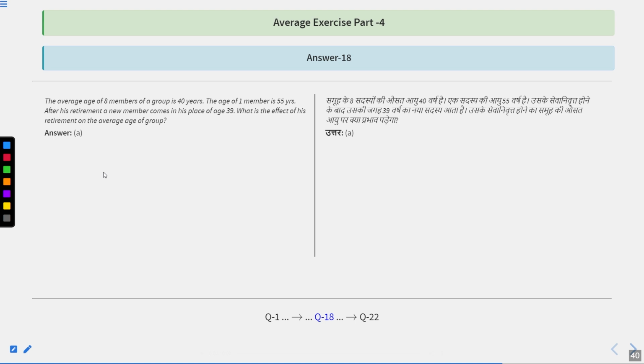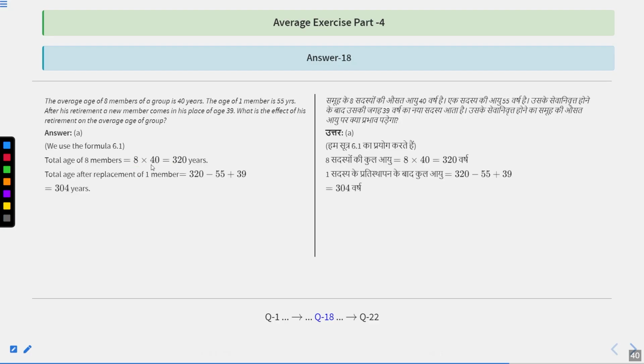The question says that the average age of 8 members of a group is 40. Clear? So we use the formula. We can calculate the total age of 8 members, which is 8 into 40, becoming 320. A person whose age is 55 retires and a new person whose age is 39 comes in.